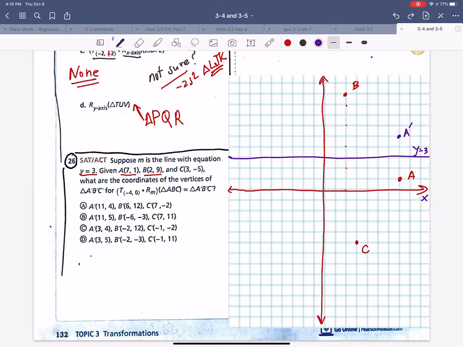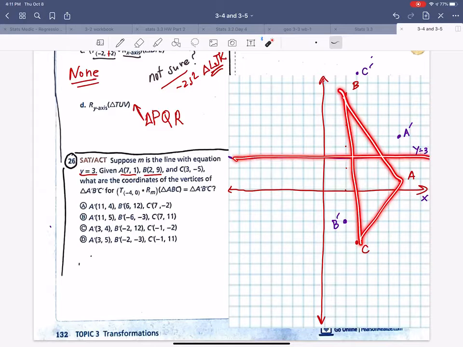Right there. Instead of 2, 4, 6, 8 below, I'm going to be 2, 4, 6, 8 above. Okay, so this triangle was flipped over this line, and now it's sitting right there. It's been flipped over.